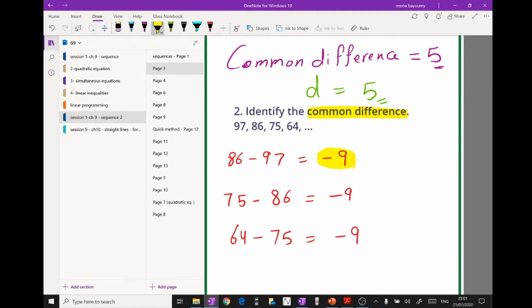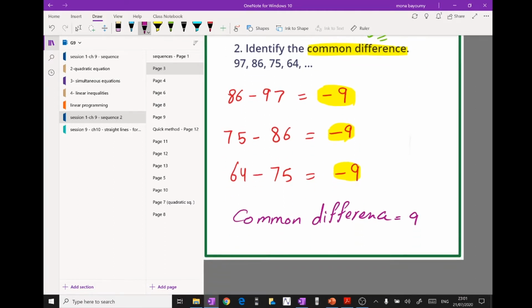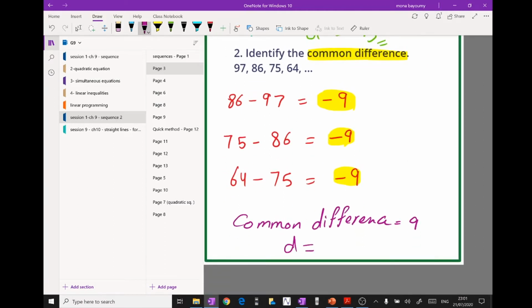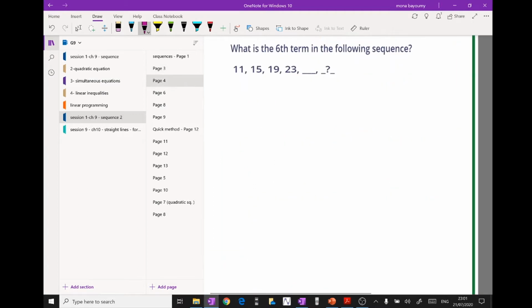So the common difference is negative 9. So D is equal to negative 9. Okay? I think it's so easy.